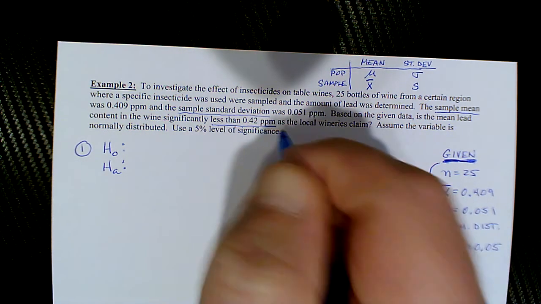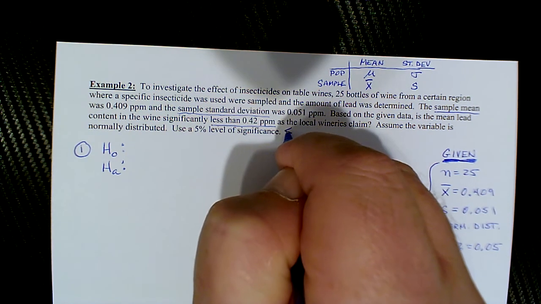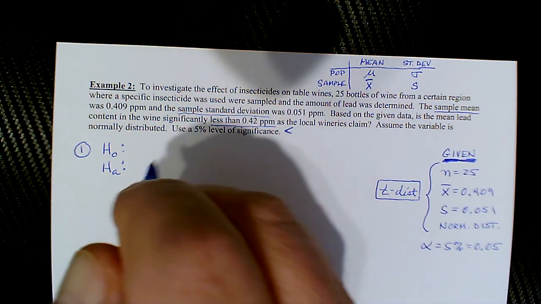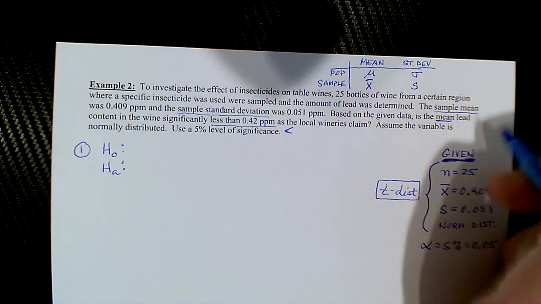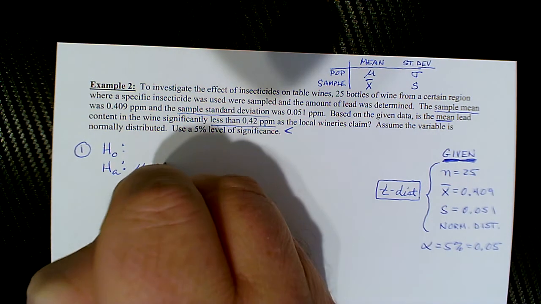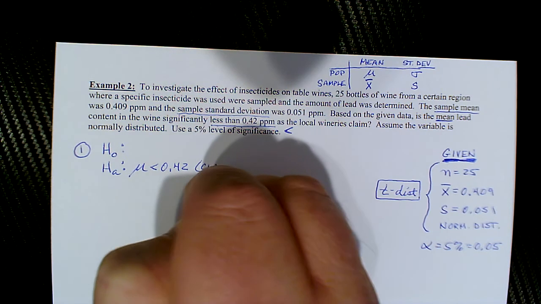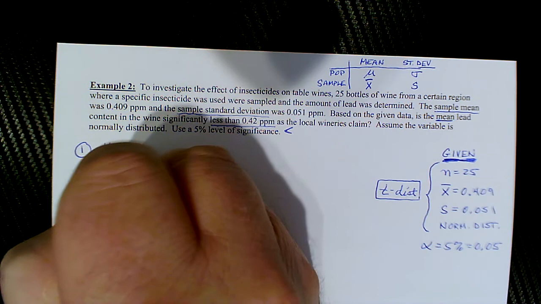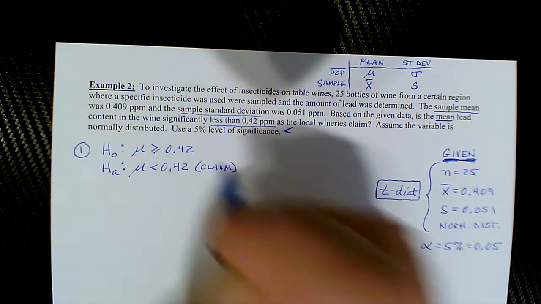It has to do with this piece of information, less than. The less than symbol is going to go with Ha because there's no equality. And that's the mean amount of lead that we're talking about. So mu is less than 0.42, our claim. And H0 is the complement, mu is greater than or equal to 0.42.